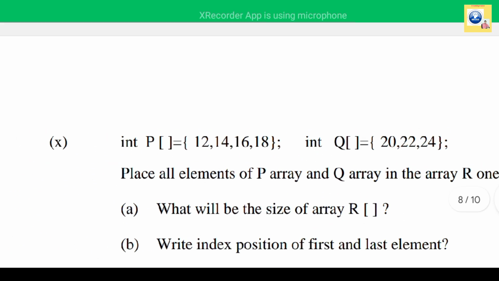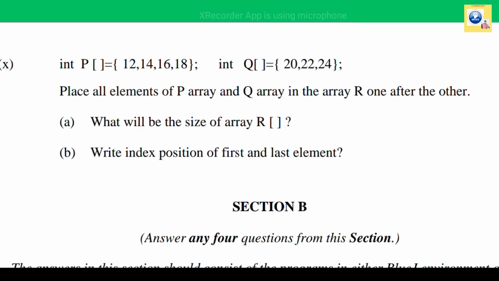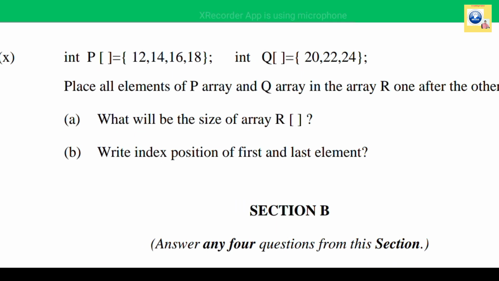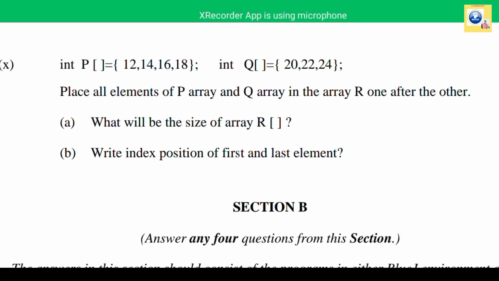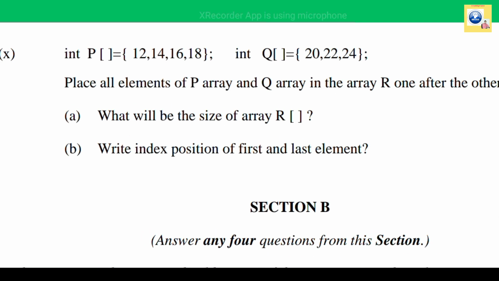Moving towards question number 10, the last question of section A. There are two arrays, P and Q, both of integer type, and the number of elements in the first one is 4 and in the second one is 3. So we are adding both arrays, first P will be there and after that Q will be there, and they are stored in R. So what will be the size of array R? Simple, in P it is 4 and in Q it is 3.